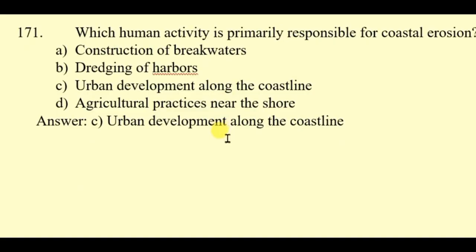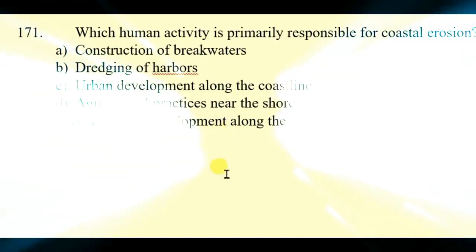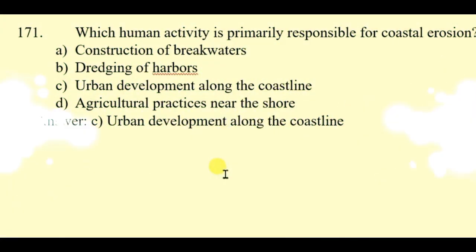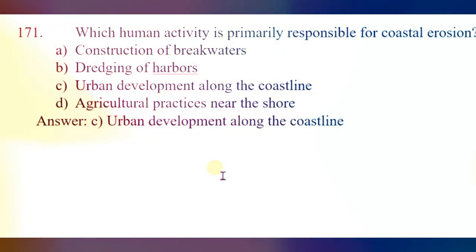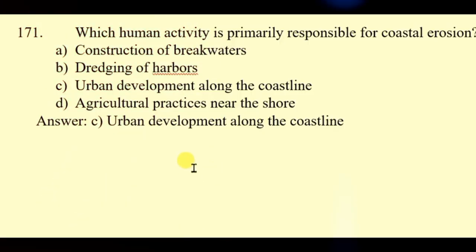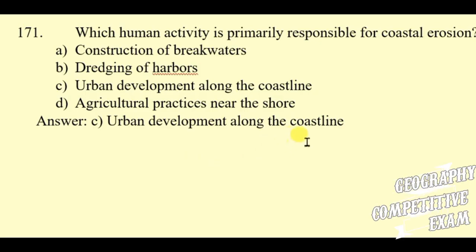Question 171. Which human activity is primarily responsible for coastal erosion? Construction of breakwaters, dredging of harbors, urban development along the coastline, agricultural practices near the shore. Here the right answer will be urban development along the coastline. Though the question asks which human activity is primarily responsible for coastal erosion, it is not the absolute right answer.